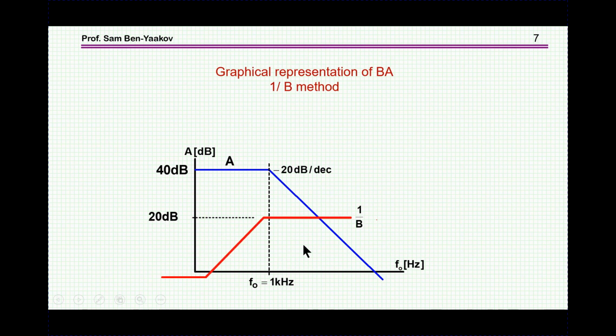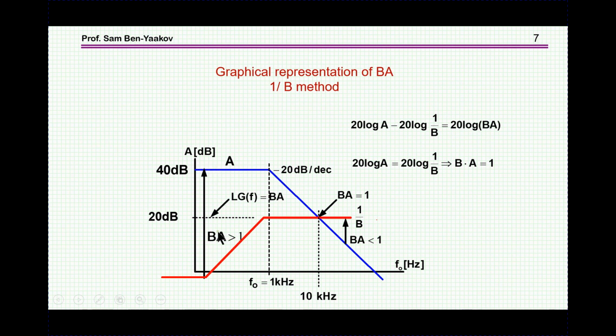and you'd like to design a controller or examine a controller, then what you'd like to do is plot it in 1 over beta. If you do that, it turns out that this distance here is actually the loop gain. And this point is the critical point that you are looking for, the point where the loop gain is equal to 1, because A is equal to 1 over beta, so beta A is equal to 1.